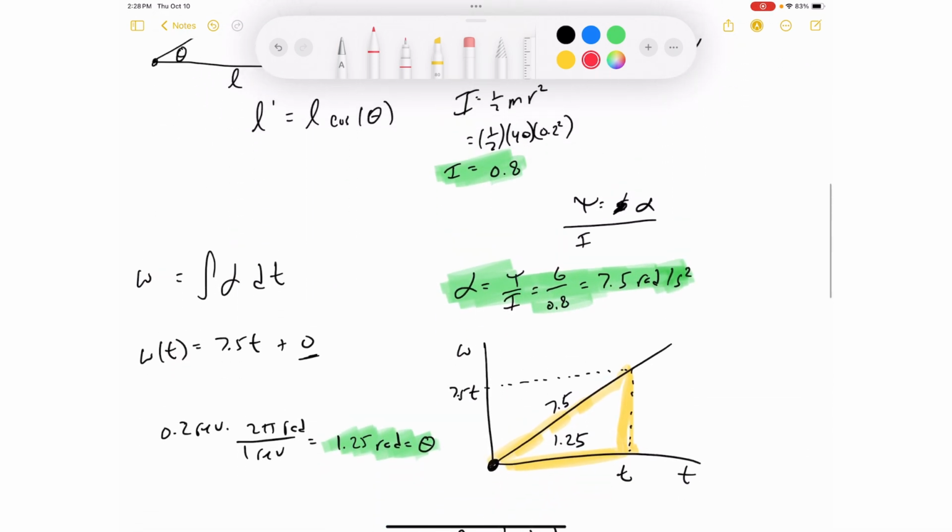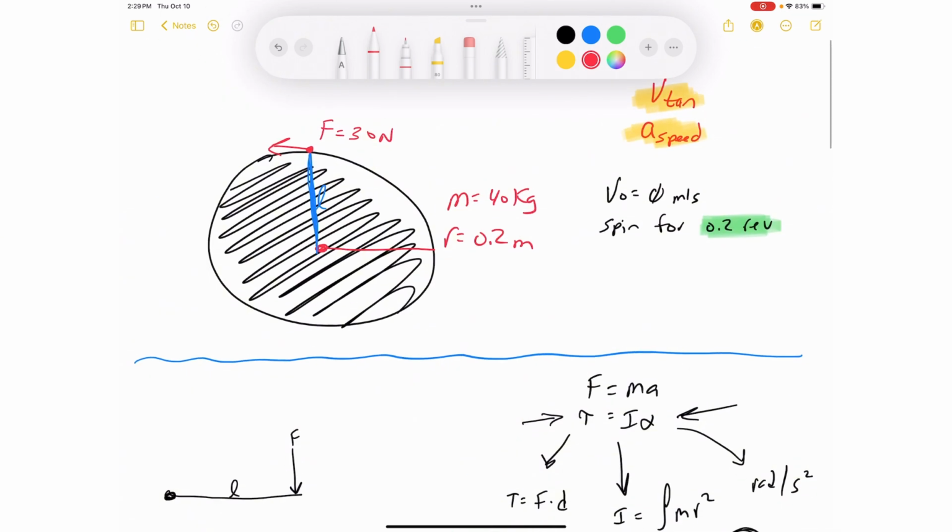If you know alpha, integrate it to find omega, or integrate omega to find theta, or differentiate theta to find omega, or differentiate omega to find alpha. All the same things you learned before are still applicable, except instead of Latin letters like A, B, C, D, we're using Greek letters like alpha, beta, gamma, delta, etc.